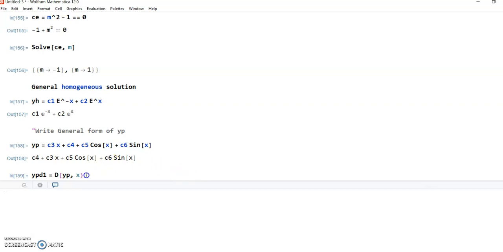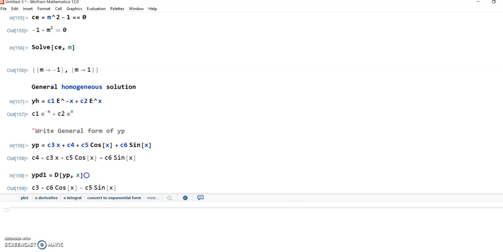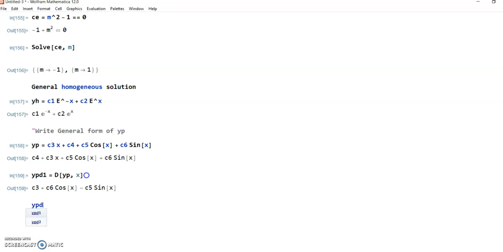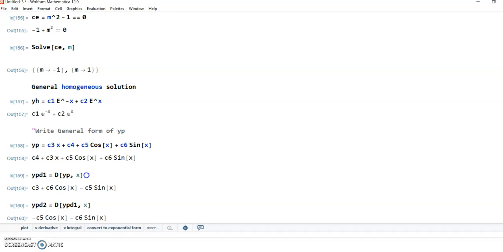I made a mistake over here, so I should put the square bracket. So it will be yp d1. Now the second derivative will be yp d2, and that will be equal to the derivative of the first derivative. So yp d1, its derivative with respect to x, and close bracket, and then it will be the second derivative.